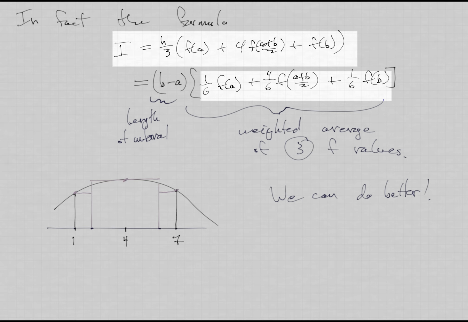So the first point is weighted once, and the midpoint is weighted 4 times, and the right point is weighted once, and then we divided everything by 6. To get the overall weighted average of the values at those 3 points, and then we multiplied by the length of the interval. So we can think of this as the length of the interval times a kind of average value of the function on the interval, right?